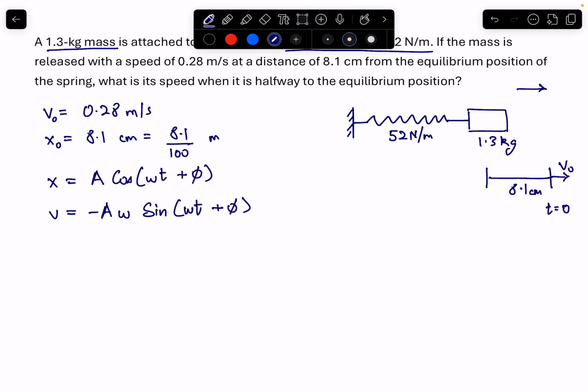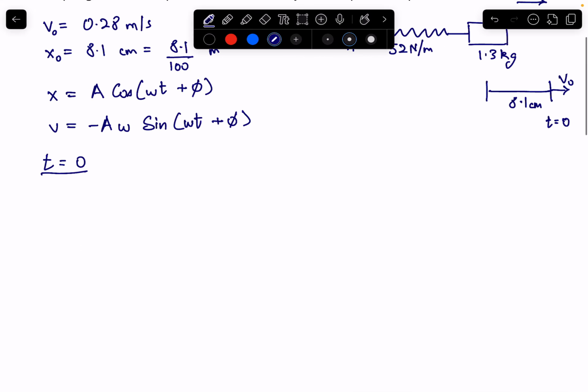Substituting t equal to 0, we get x naught is equal to A cosine of phi, and v naught is equal to negative A omega sine of phi.